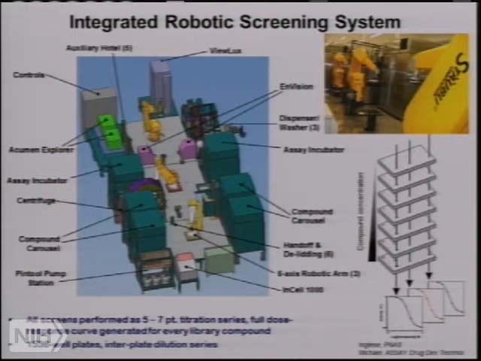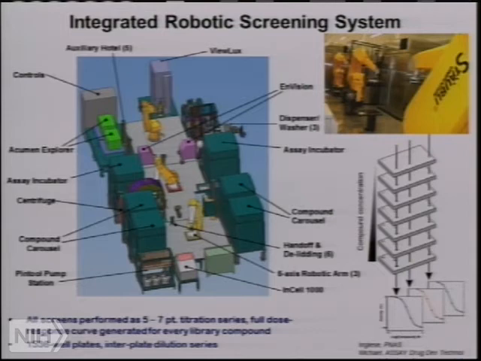In terms of running a screen, we're set up pretty much at the level of a large-size pharmaceutical company with a fully integrated robotic screening system where compound libraries reside on the system, so we can screen any compound, any plate in a random access fashion. We can deliver reagents through various dispensers to perform various addition and washing steps.